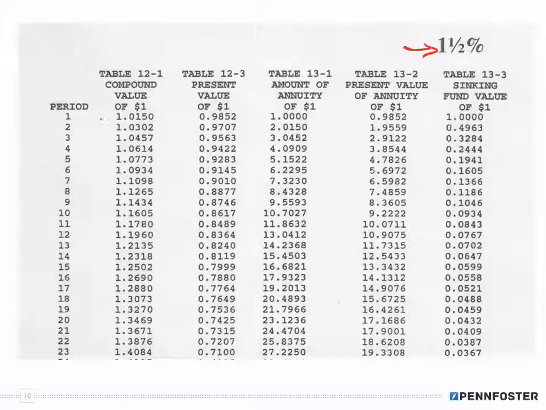Then when we find that page, we look at the number of periods, and we come down to 16 periods, and we go over to our present value, because this is table 12-3, and we can see that we have the same exact factor, 0.7880. So for this particular problem, we could use either the table in the textbook or the business math handbook.